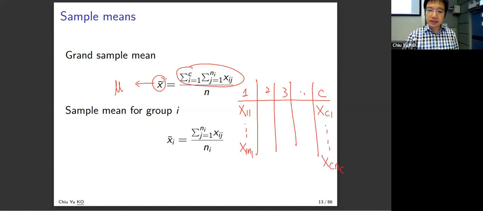So what it's saying is this double summation. The outside is over groups: you run from i equals 1 up to C. The next thing is j, from 1 to Ni.